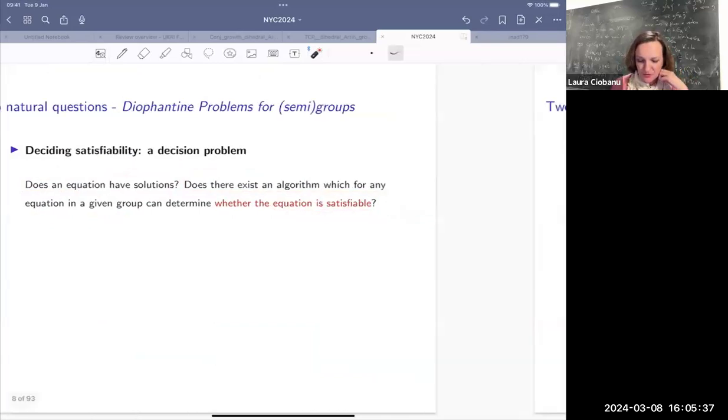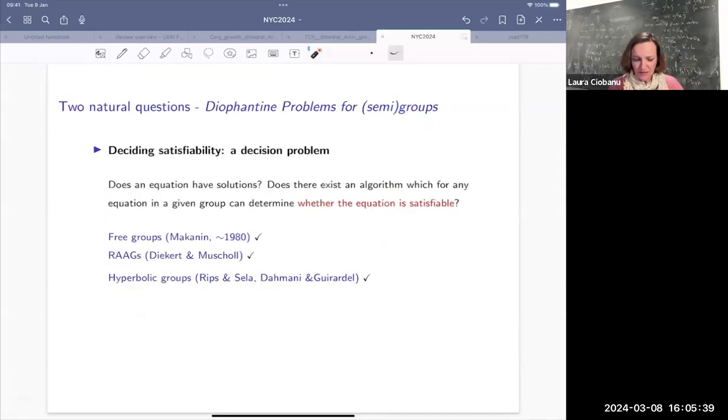I won't give a big historical overview, but for the purpose of today, it suffices to know that in free groups, a major result, we know that equations are decidable, so we can decide satisfiability. The same holds for right-angled Artin groups and hyperbolic groups. There are other groups that we know things about, but I'm mostly going to mention these today.